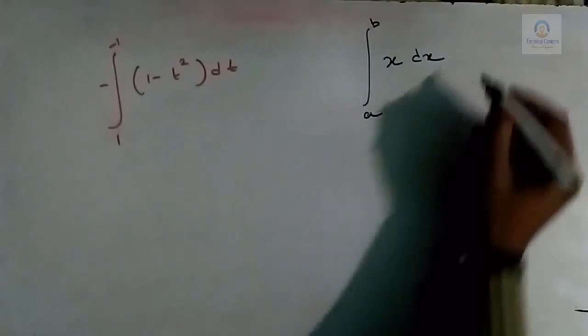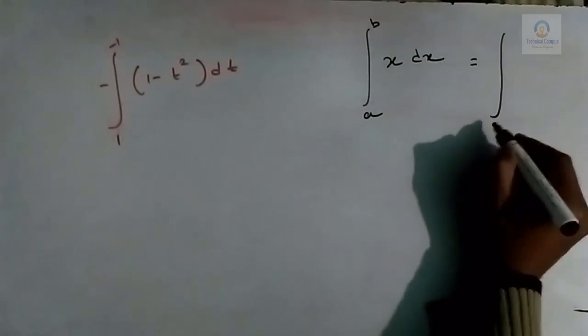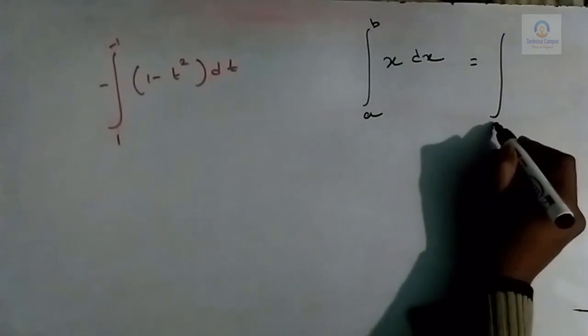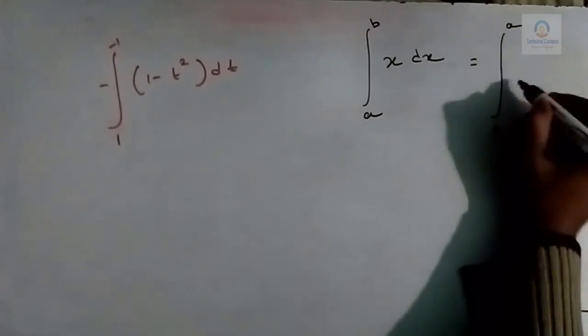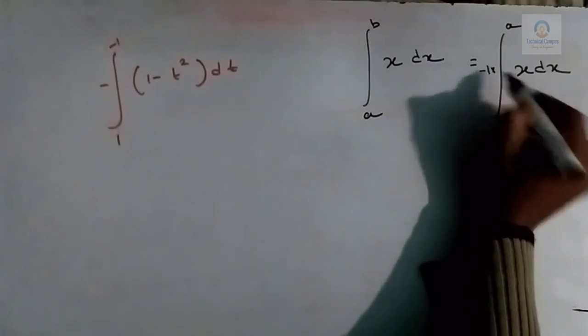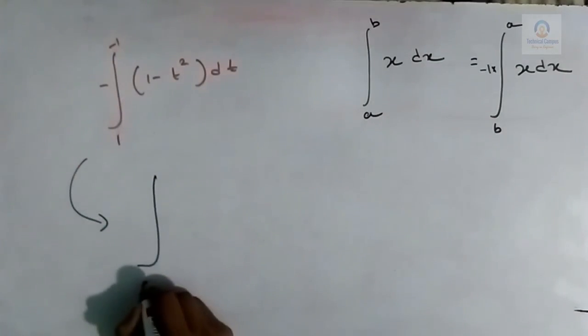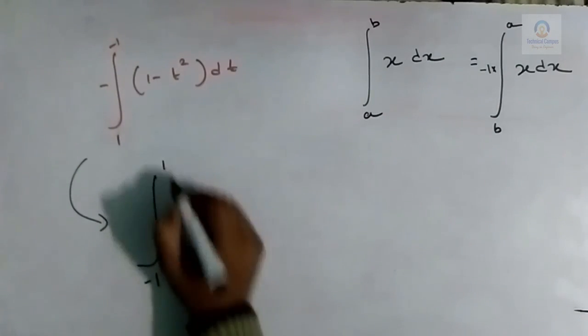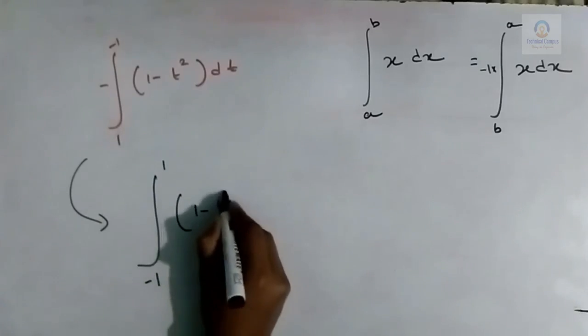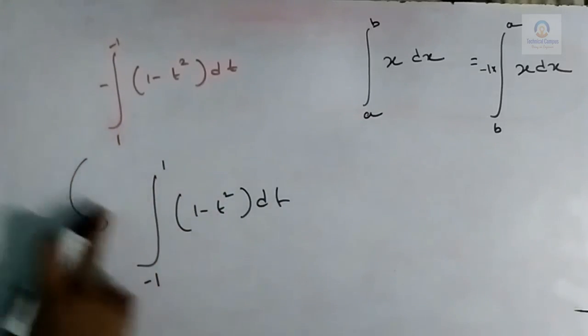Now if we reverse the arrangement of the limit, that is, if we take b as lower limit and a as upper limit, then we have to multiply this with minus 1. So if we change the limit here, it will be minus 1 to 1 and 1 minus t square dt, and if you multiply this with minus 1, it will be plus.